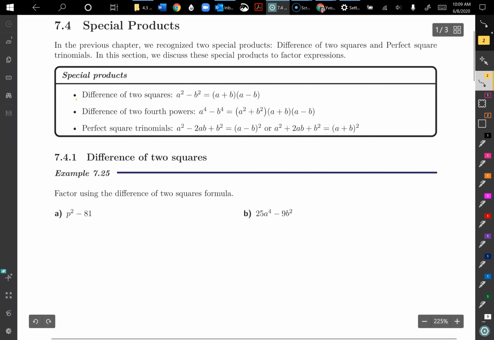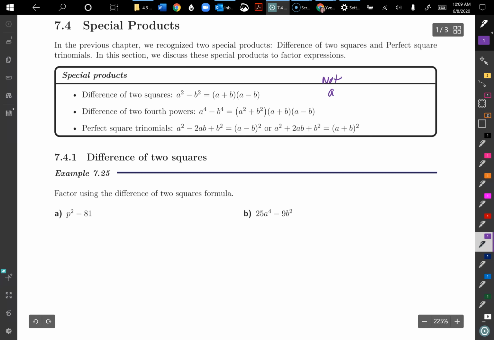So if we have something that is a difference of two squares, a squared minus b squared, then we can factor it as a plus b times quantity a minus b as two binomials. The sum of two squares is not factorable. So let's just make a little note there.